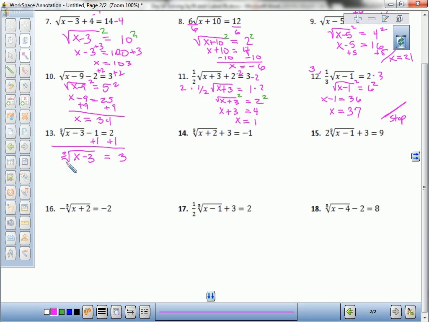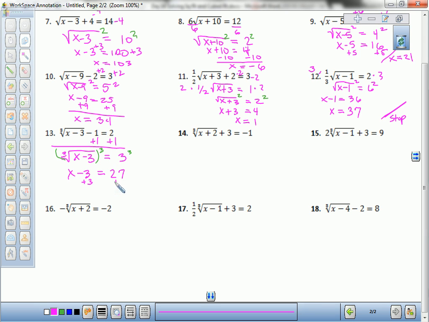And now this time, because it's a cubed root, instead of squaring both sides, what will we do? Cube both sides. On your test, we're going to keep the numbers small, reasonable. So we cube both sides here and we get x minus 3. And what is 3 cubed? 27. 3 times 3 times 3.